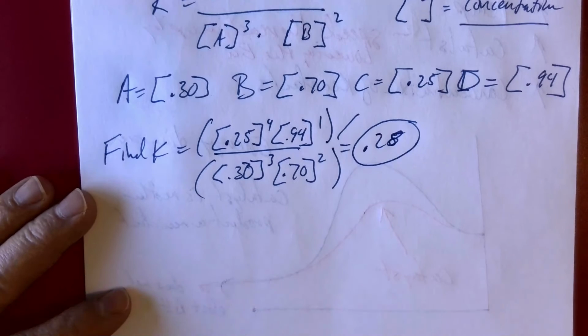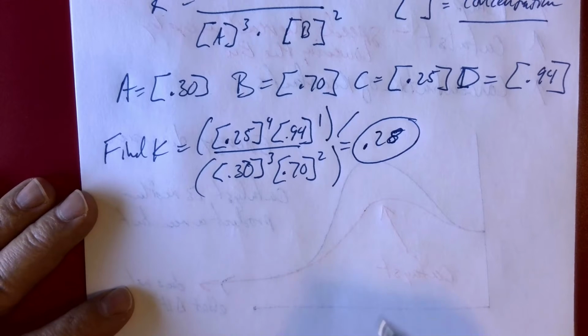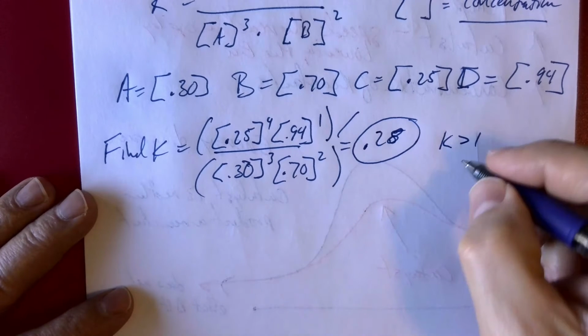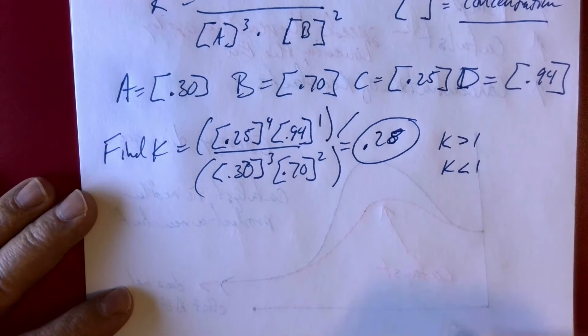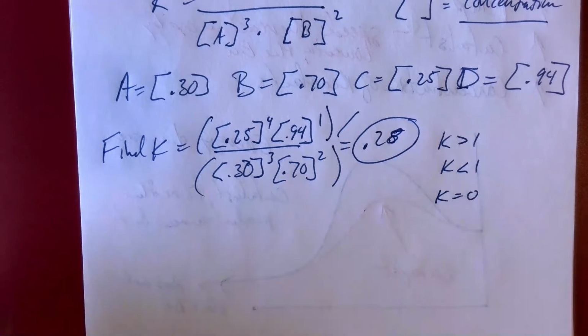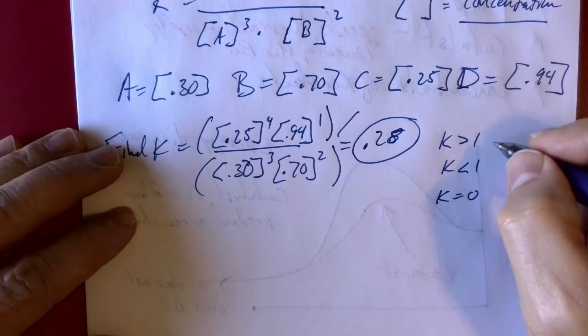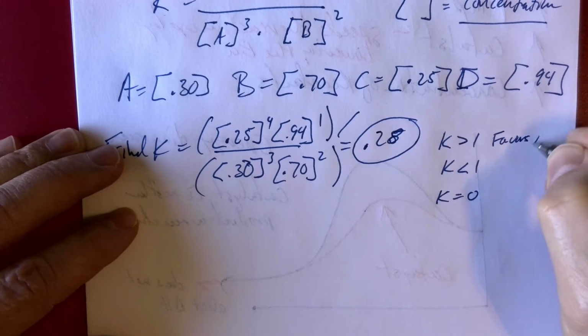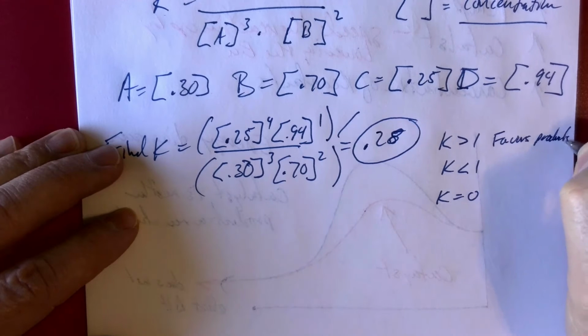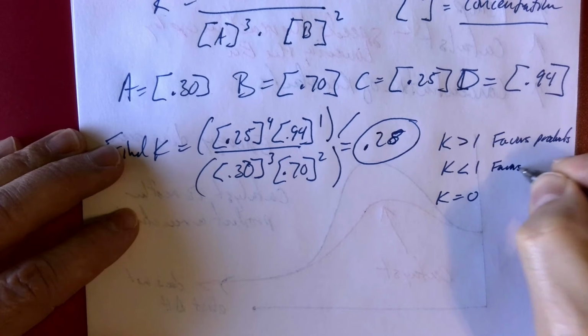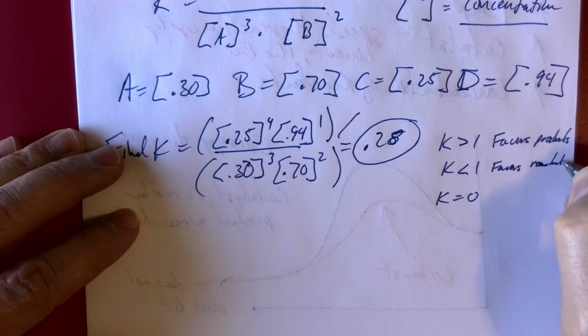Okay, and there's 3 values you can have for K. You can have a K that is greater than 1, you can have a K that is less than 1, or you can have a K that equals 1. Okay, if your K is greater than 1, it means it favors the products. Okay, if you've got a K that is less than 1, it favors the reactants.